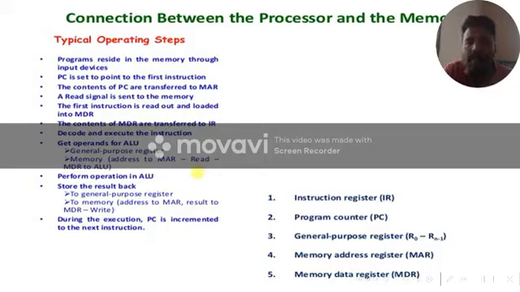Afterwards, we decode and execute that instruction. For that purpose, we have an additional type of register called general purpose registers, named R0, R1, R2 and so on.